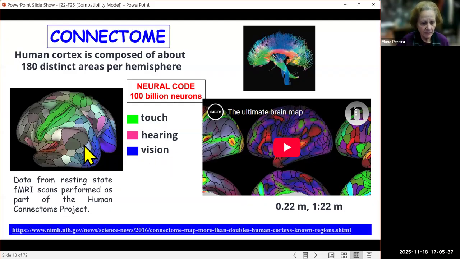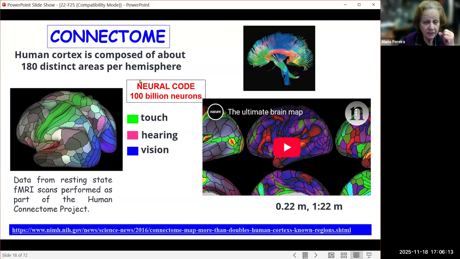The blue area is dedicated to vision. So when photons activate the photoreceptors at the retina in the eye, an electrical current is generated, and that circuit is going to conduct the electrical current right to the occipital lobe, where vision is. This area of the brain is dedicated to vision.